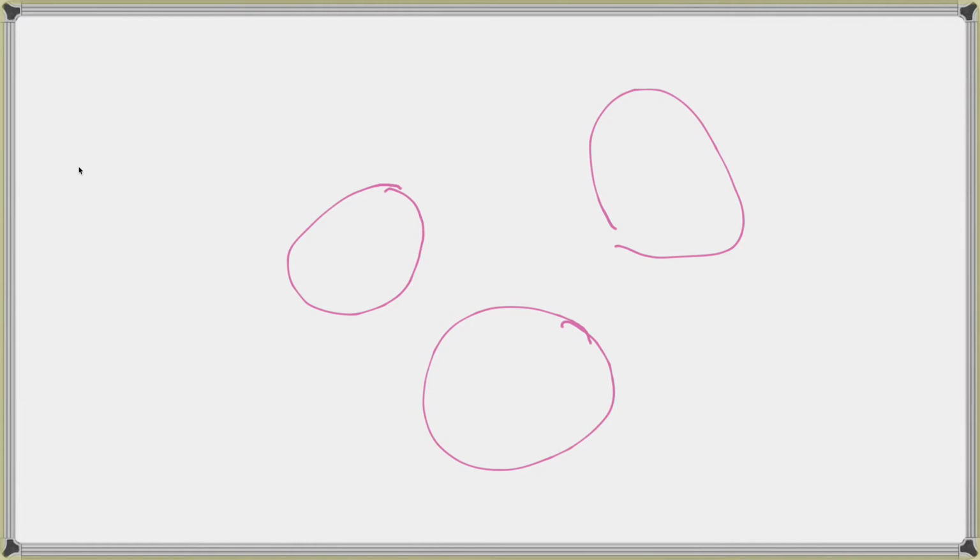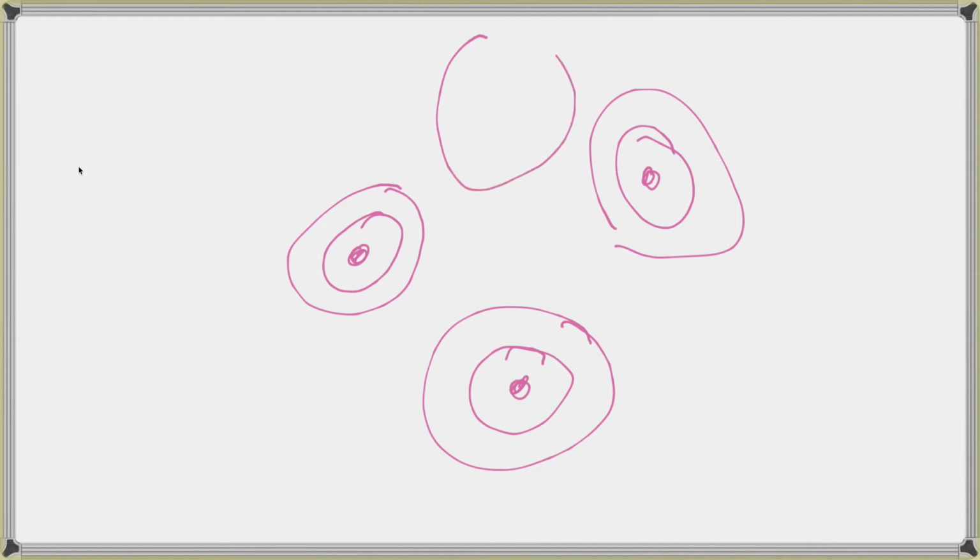A general cartilage is going to have generally these big white frames around, and then a cell within it. This looks like I'm drawing a happy face. I'll draw one more so it doesn't look like a face.